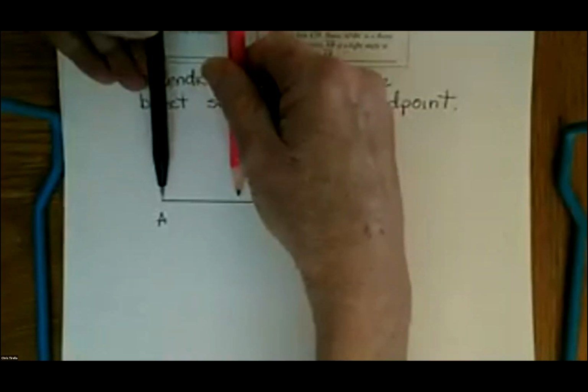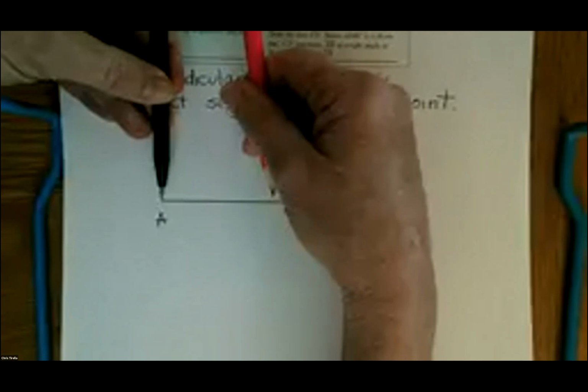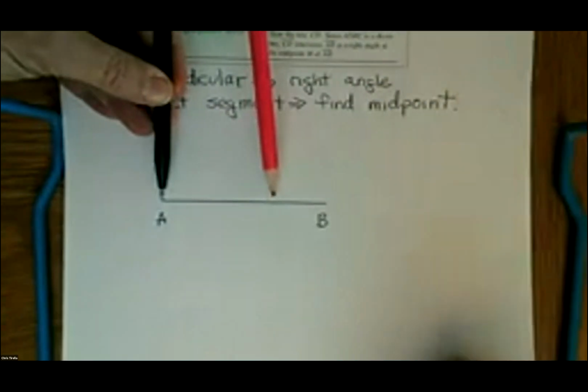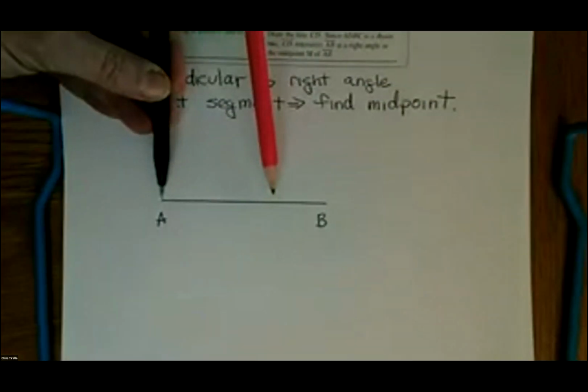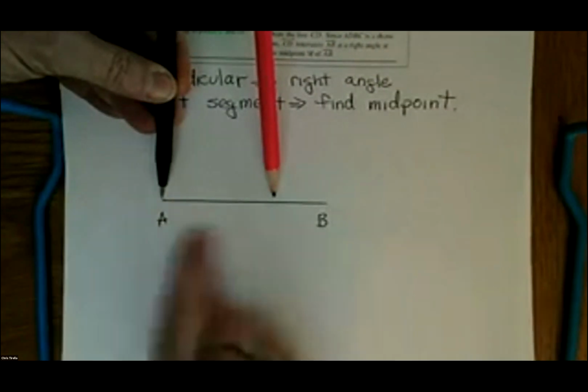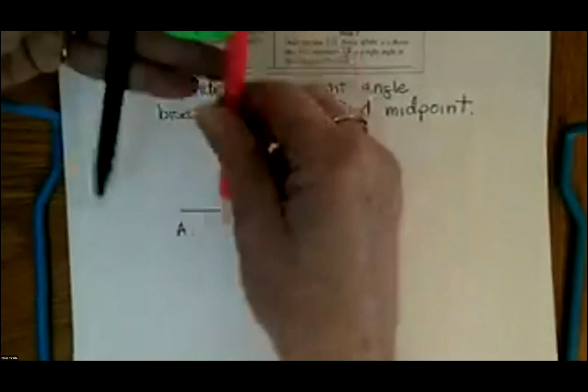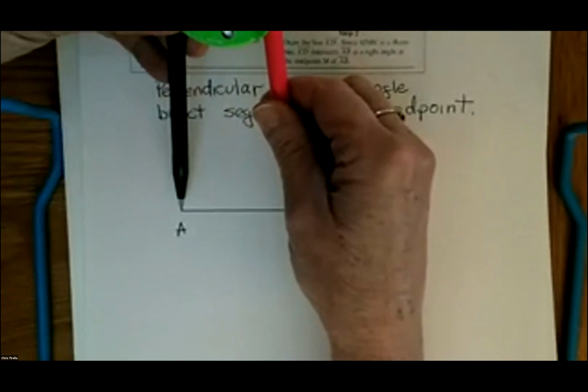First thing we want to do is take this compass, and this isn't open far enough. You don't have to open it super wide, but it just has to visually be more than halfway. Does it look like when my point is on A, my pencil's more than halfway to B? Once it's open more than halfway, I'm going to tighten my compass.